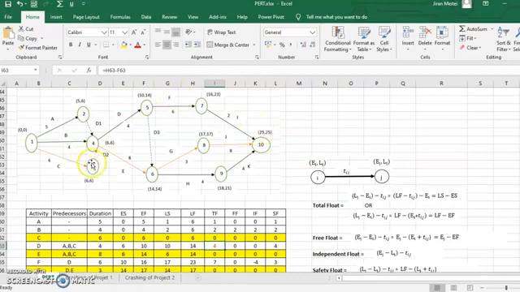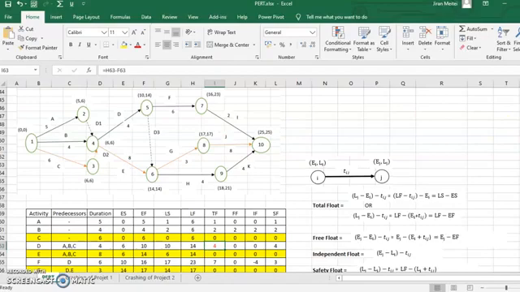If we don't utilize the workforce in this manner, either giving them vacations or using them elsewhere, you will end up paying salary to this workforce without them doing anything for 4 days. So knowing the float for the various activities is very important so that you control and manage the project so as to minimize the total cost of the project.